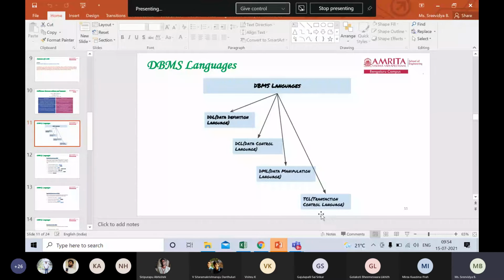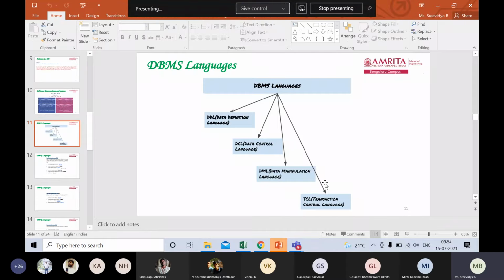So that's regarding your database languages. DDL for structure of the storage, DCL for access control of the data, DML for manipulating or working with the values present in the data in the table, and DQL specifically for the select command, and the select command is used for retrieving the data.